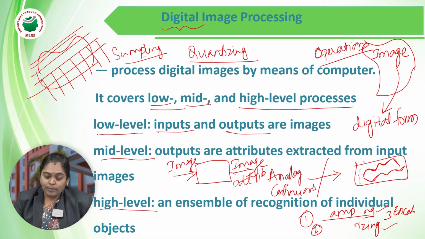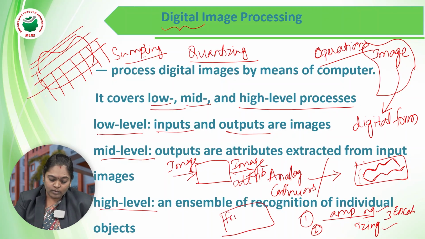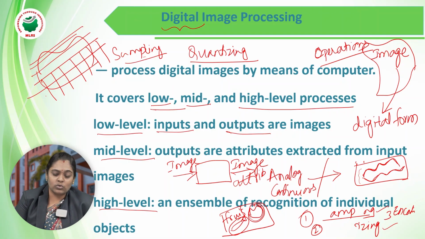And if you are able to recognize, say in this image, a combination of some fruits and some vegetables, and I am able to identify what is this and what is that, distinguishing one object within the image, then it is called high level processing.